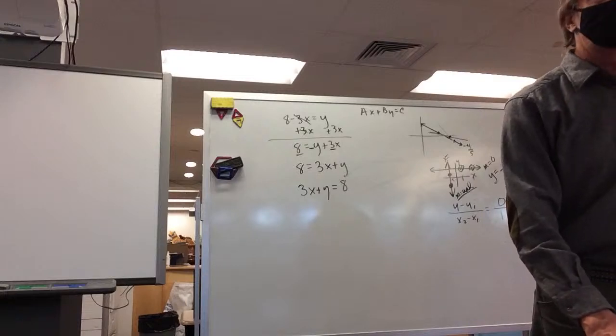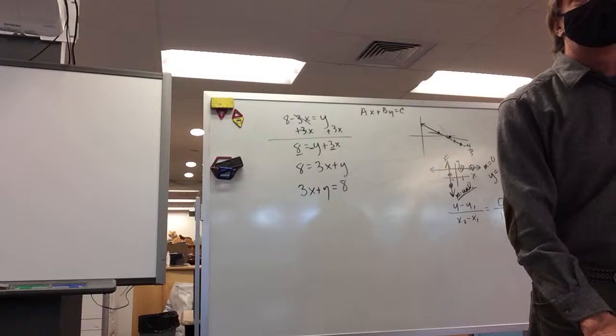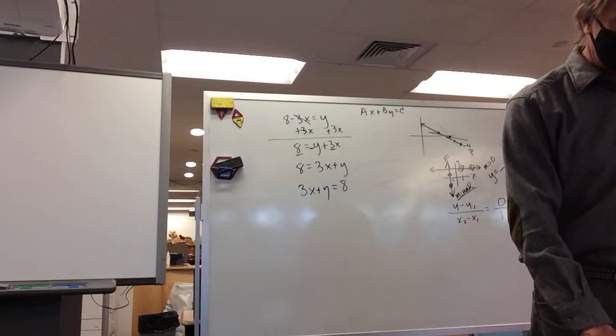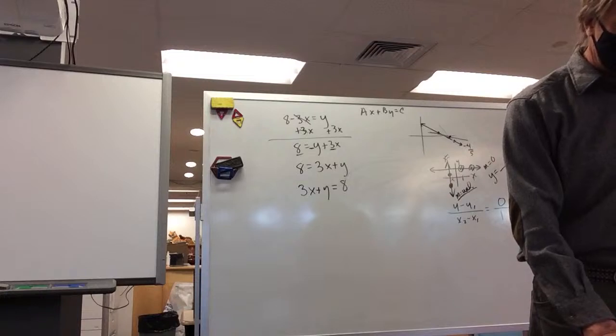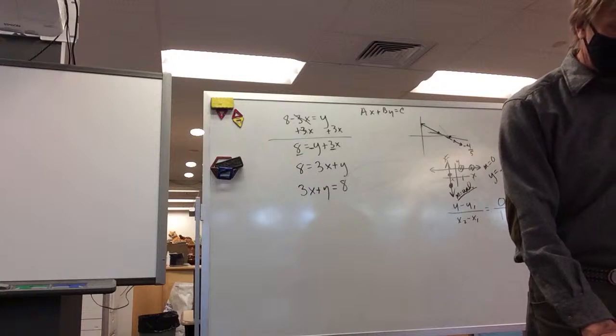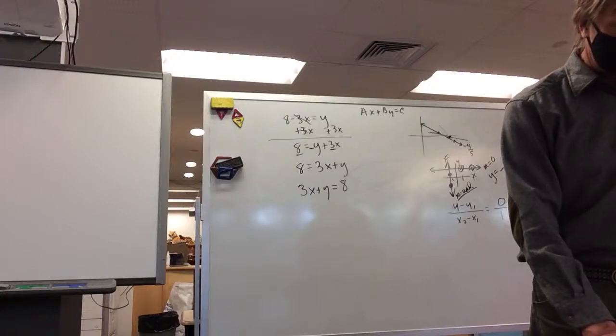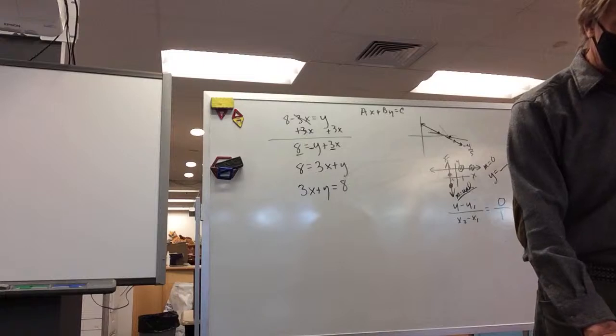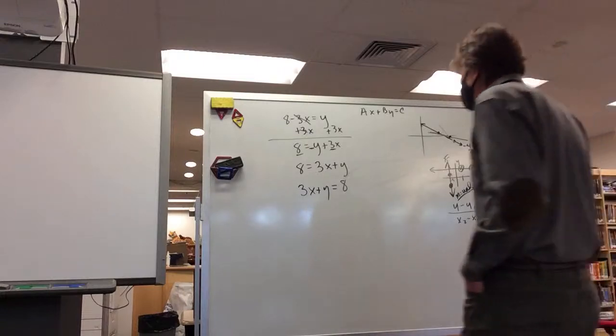So who did question 7? You did as well? So it says the slope of a line is -1/2. So how does the y coordinate change as you go 1 unit to the right?